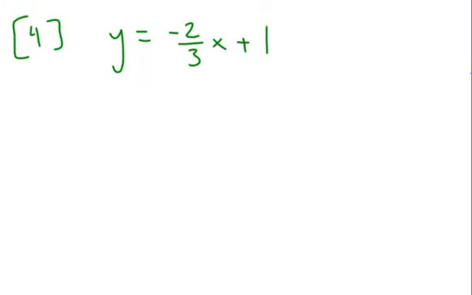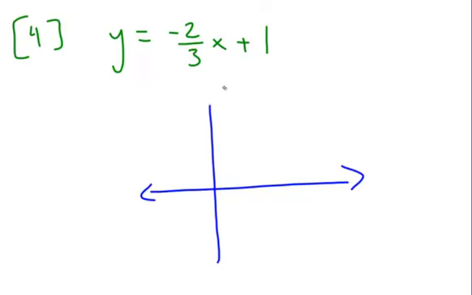Okay, welcome back. So we have y = -2/3 x + 1. Don't need as big of a graph this time. And think about it. Is it going to be a positive graph or a negative graph? All right, y-intercept is at 1. Rise -2, run 3.